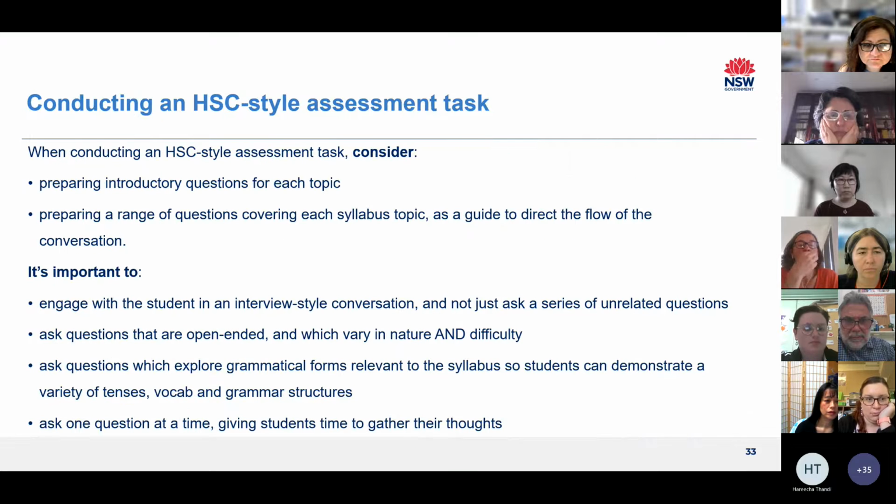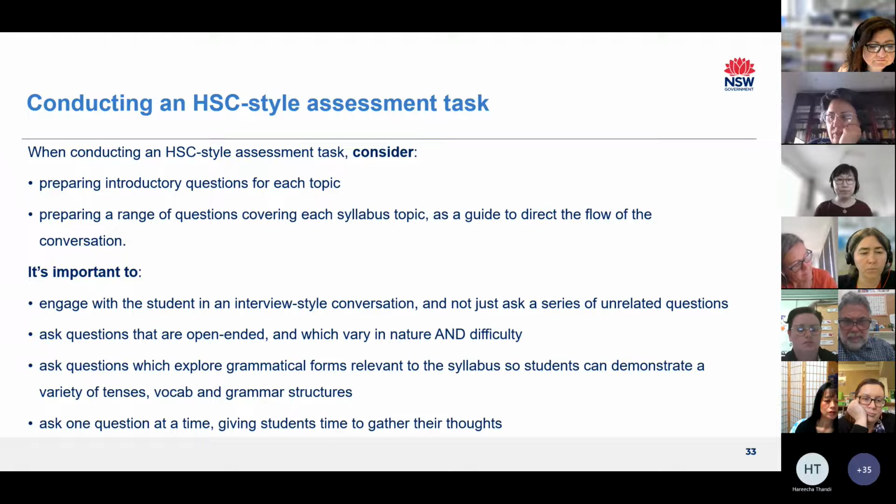When conducting an HSC style assessment, consider preparing introductory questions for each topic, preparing a range of questions covering each syllabus topic as a guide to direct the flow of the conversation. It's important to engage with a student in an interview style conversation and not just ask a series of unrelated questions.